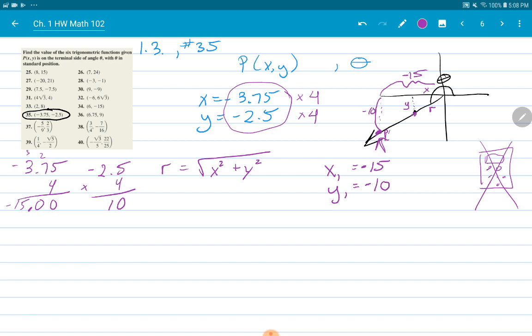And to find that r, I'm going to plug in the larger triangle's coordinates.